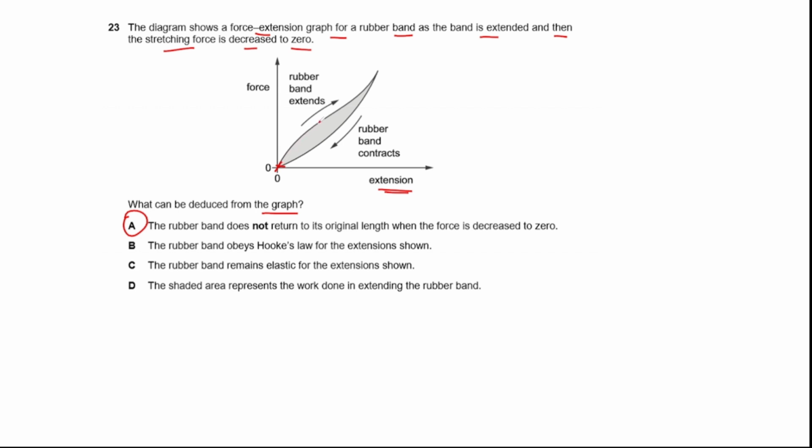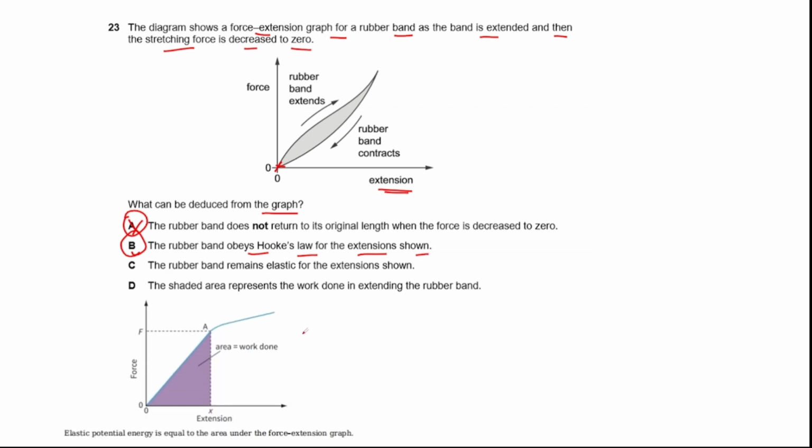So as the rubber band extends, the extension increases. Then as it contracts, the extension decreases. So it comes back to the original length. So the first option is not correct. Then the second one, option B, is the rubber band obeys Hooke's law for the extensions shown.